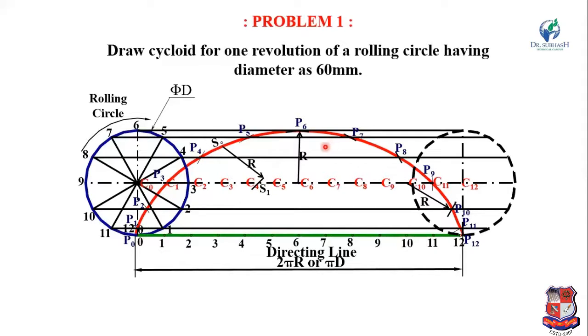Now from point S1, draw a line perpendicular to the center line and it will intersect the directing line at point N. So now join this N with S. This line NS is a normal, and another line drawn perpendicular to the normal, passing through point S, is known as a tangent. So this is known as a cycloid.